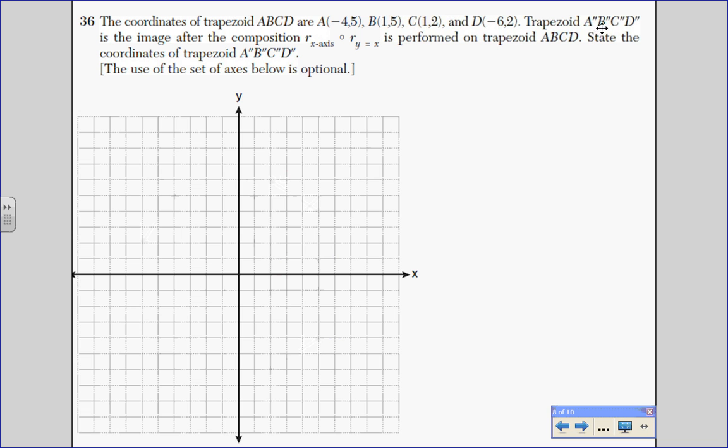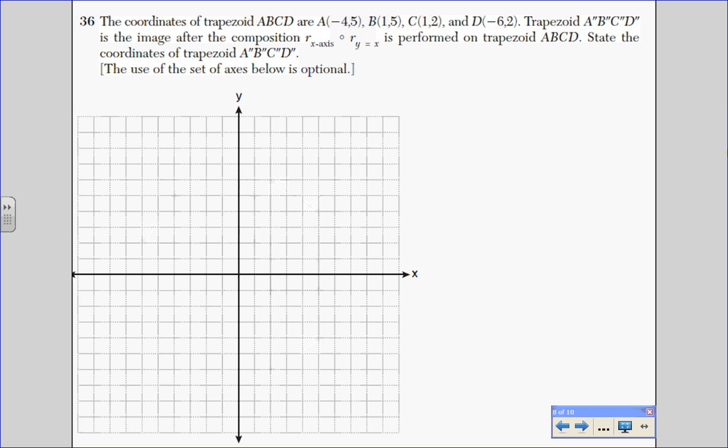Trapezoid A''B''C''D'' is the image after the composition reflection in the x-axis, reflection in the line y = x, is performed on trapezoid ABCD. State the coordinates of trapezoid A''B''C''D''. The use of the set of axes below is optional.